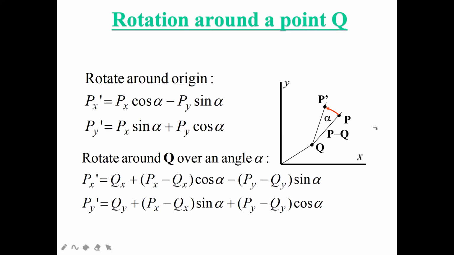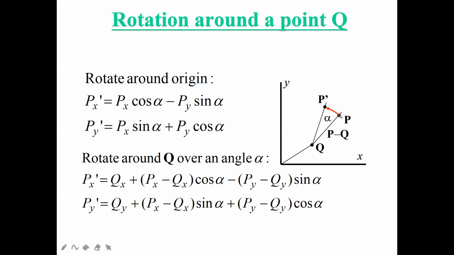When I'm rotating, the x coordinate value of p minus q will be px minus qx, and py minus qy will be my y coordinate value, because the distance is p minus q.